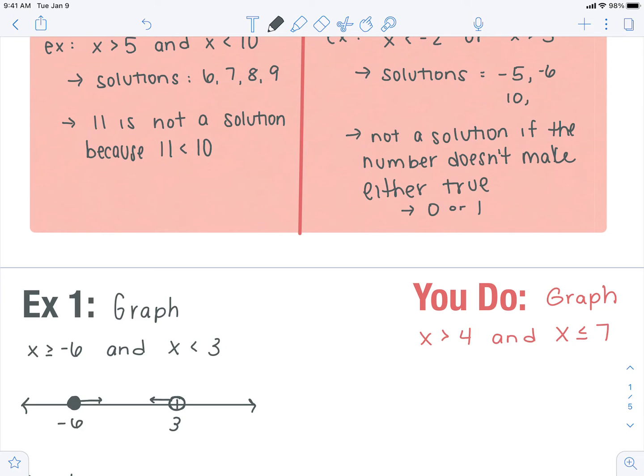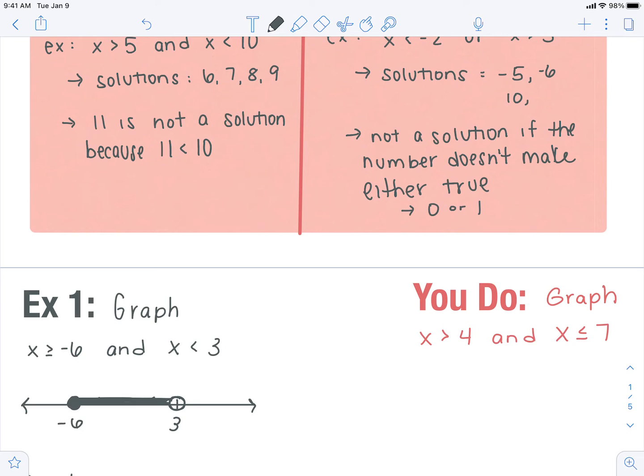So they intersect. They're going to meet each other, right? And I can only shade things that are the same. So I'm only shading in here, in between. The numbers that are in between. Even though my arrow for my negative 6 was going to the right, I can't go past that 3.